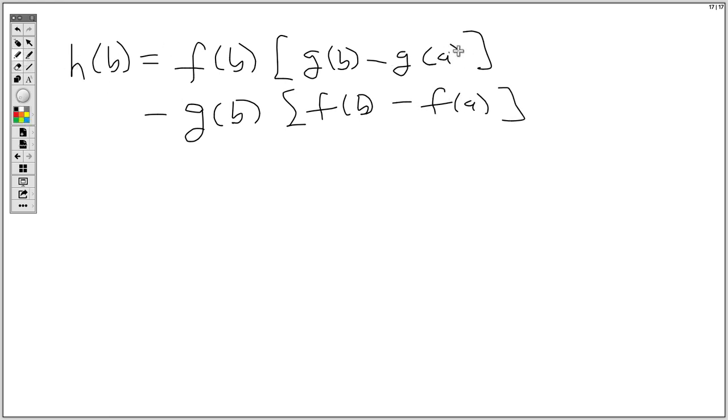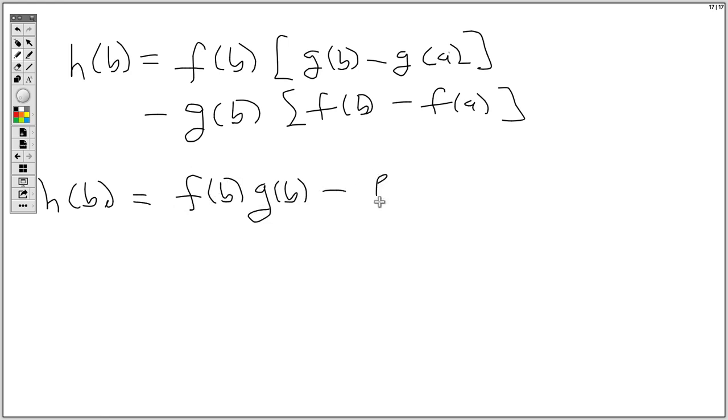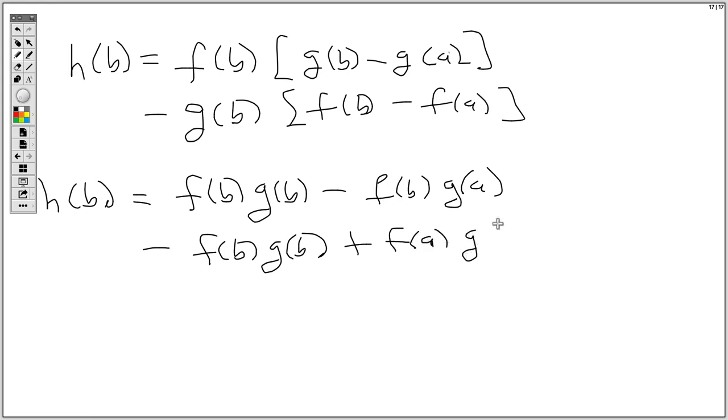So h of b equals f of b g of b, minus f of b g of a, minus f of b g of b, plus f of a g of b, and these two cancel out.